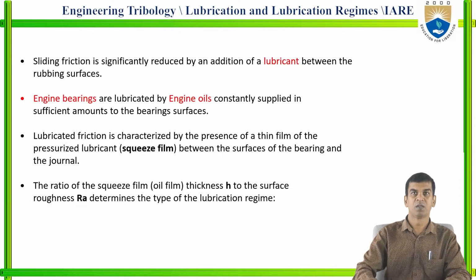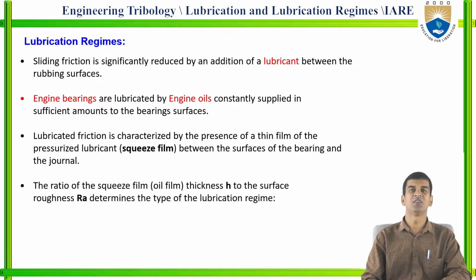Now we will see what the lubrication regimes are. Lubrication regimes are where sliding friction occurs due to the addition of the lubricant between the rubbing surfaces. Generally, lubrication regimes are classified based upon the ratio of the oil film thickness H to the surface roughness Ra.